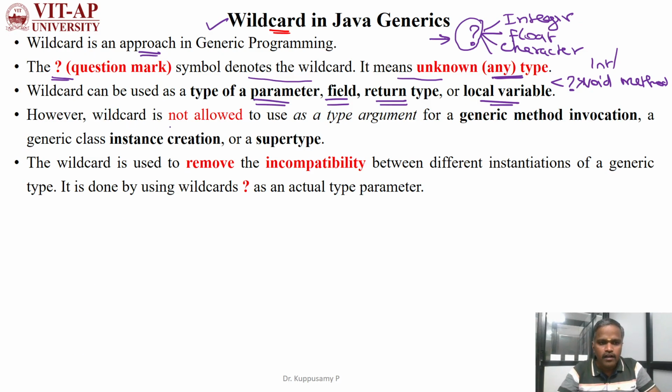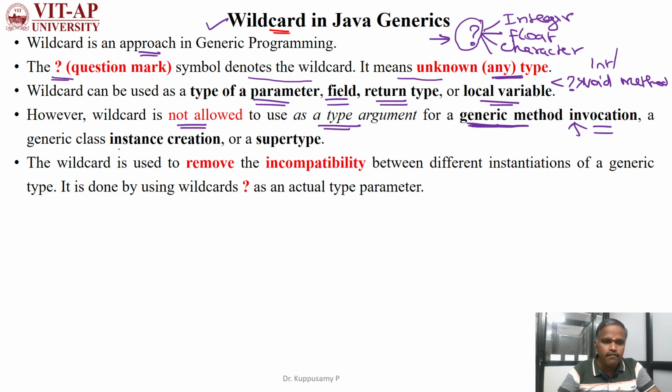However, a wildcard is not allowed as a type argument during generic method invocation. If a method is defined as generic, then when you are calling the method from the main method of the class, we cannot use the type parameter where we are invoking.